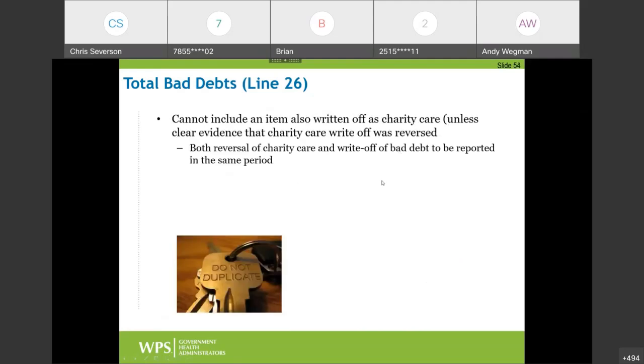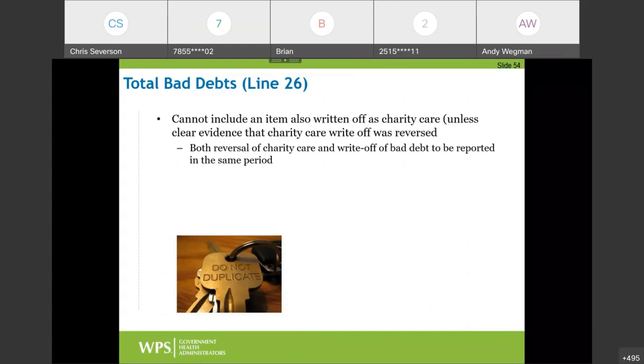And now here's an important piece. We want to make sure that if you have a claim, the full claim cannot be written off as both charity care and bad debt. It's only one or the other. However, you might have a situation where part of the claim was written off as charity care. You expected the patient to pay the rest of it. They didn't. And most likely a few months or maybe even a year later, that portion gets written off as bad debt.